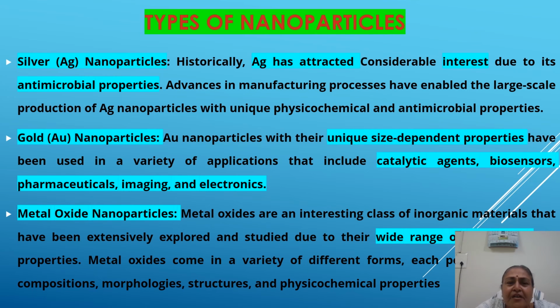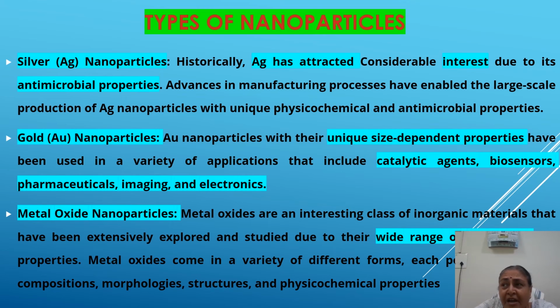These nanoparticles may be silver nanoparticles, gold nanoparticles or other metal oxide nanoparticles. All of these can be made, but here the main biological source for this green synthesis is marine algae, and especially brown algae.